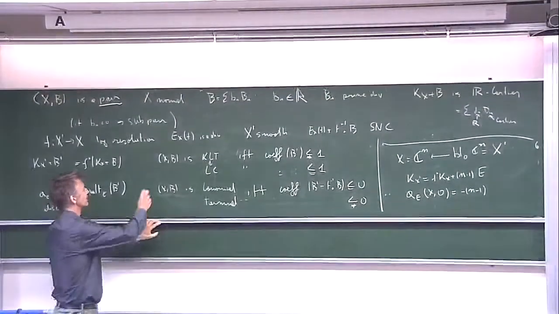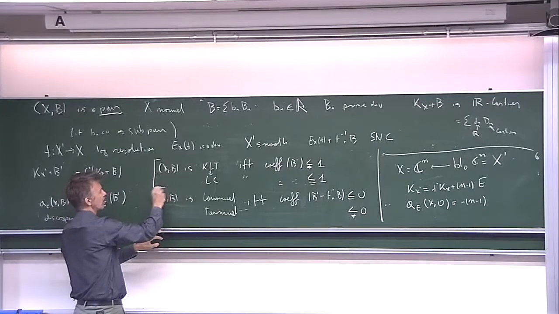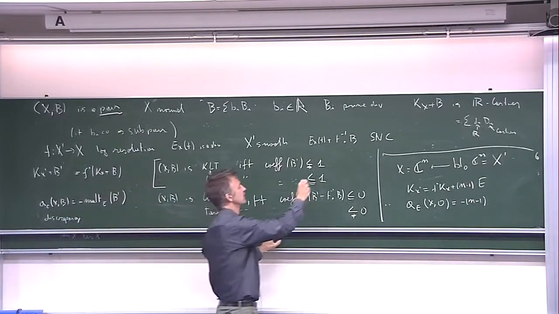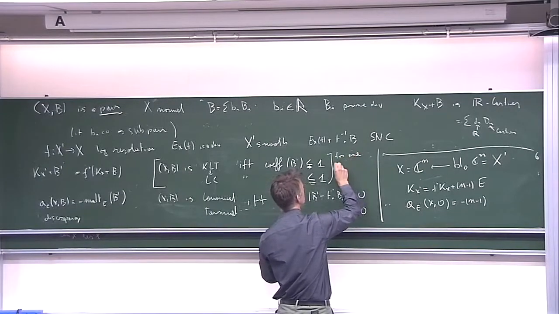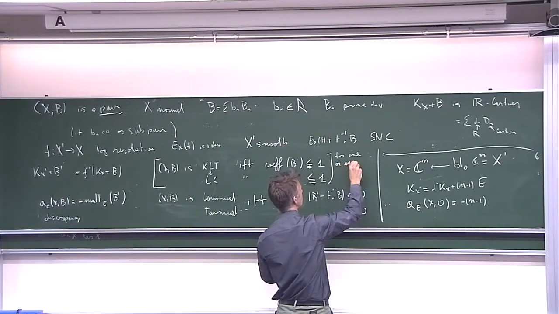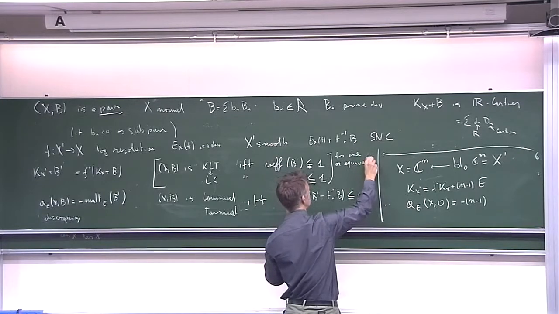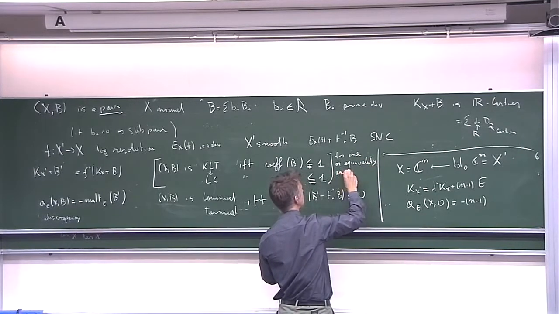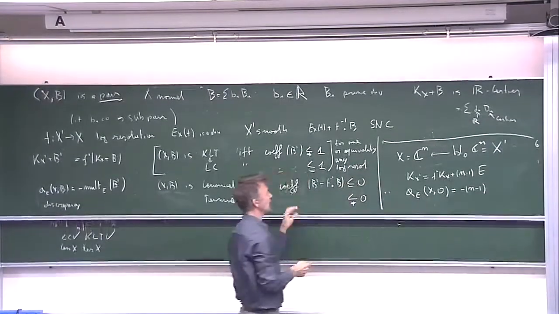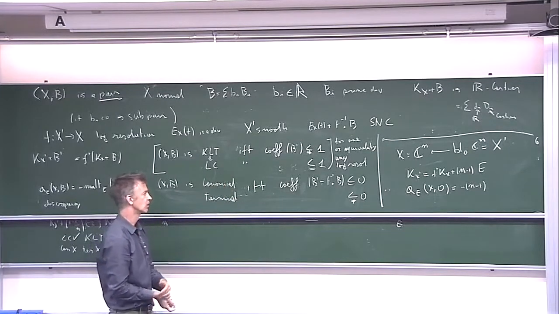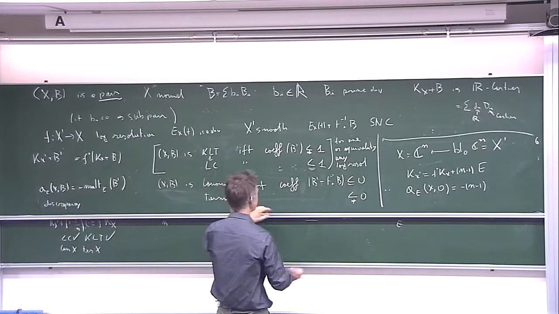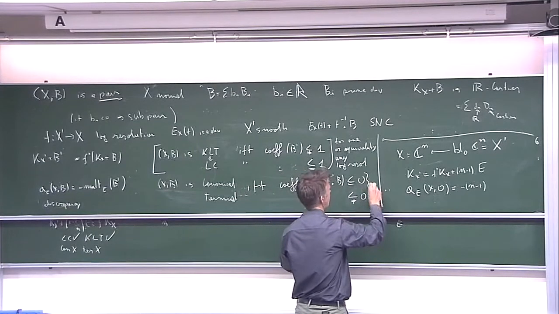So for these, you have to check this for one, or equivalently any, log resolution. So either way, you check it on one resolution, then it automatically holds on all other log resolutions. For these ones here, you're supposed to check all log resolutions.